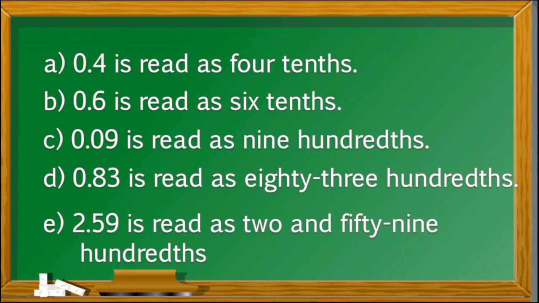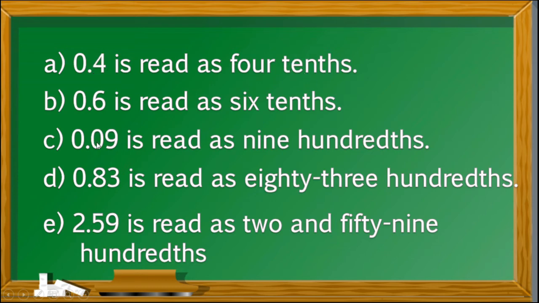Okay, more examples. Letter A, this number is read as 4/10. This number is read as 6/10. This number is read as 9/100. Kung mapapansin nyo, yung after the decimal, kapag isa, tenths na kagad yun.